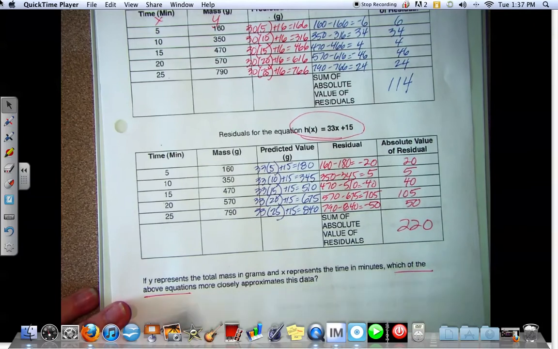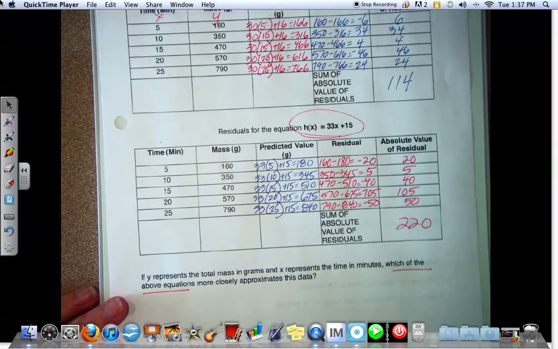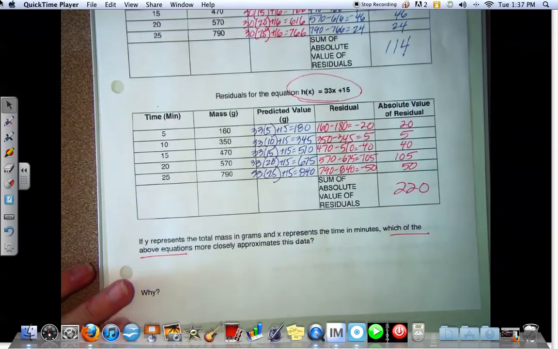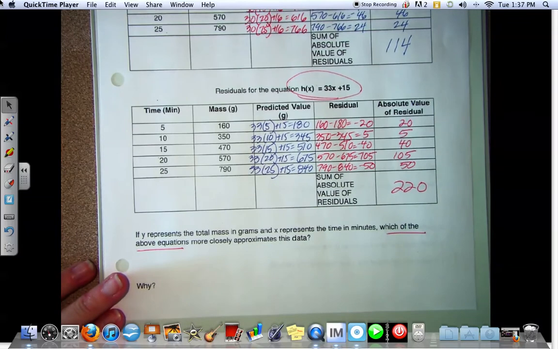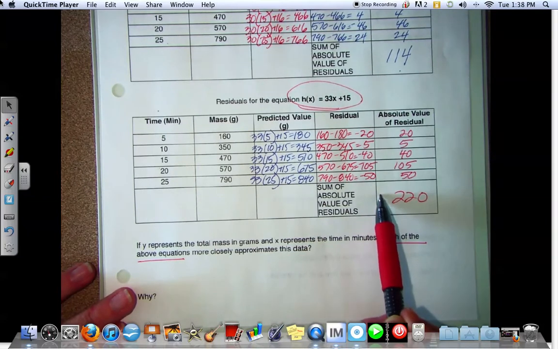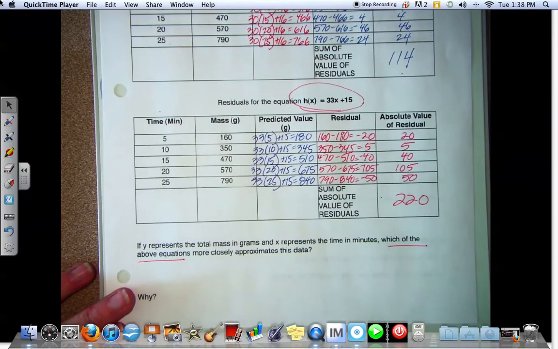Which of the above equations more closely approximates the data? First. Why? Because the numbers are closer. Wait, wouldn't it be the sum of the absolute value of residuals is smaller? Yes. Okay. Your numbers are closer, which gives you a smaller sum of your absolute values of residuals. So which one are you going to choose?